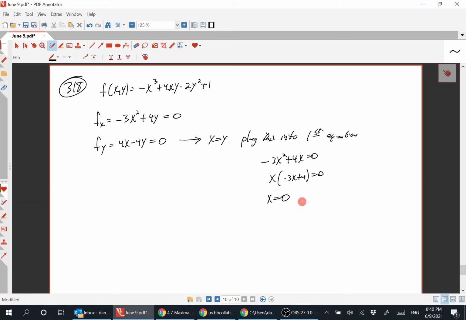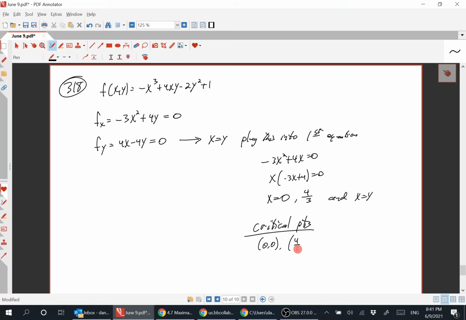So I get x is equal to 0, or x is equal to 4/3. So two solutions for x, and then the y has to be equal to that. So the critical points are (0, 0) and (4/3, 4/3).